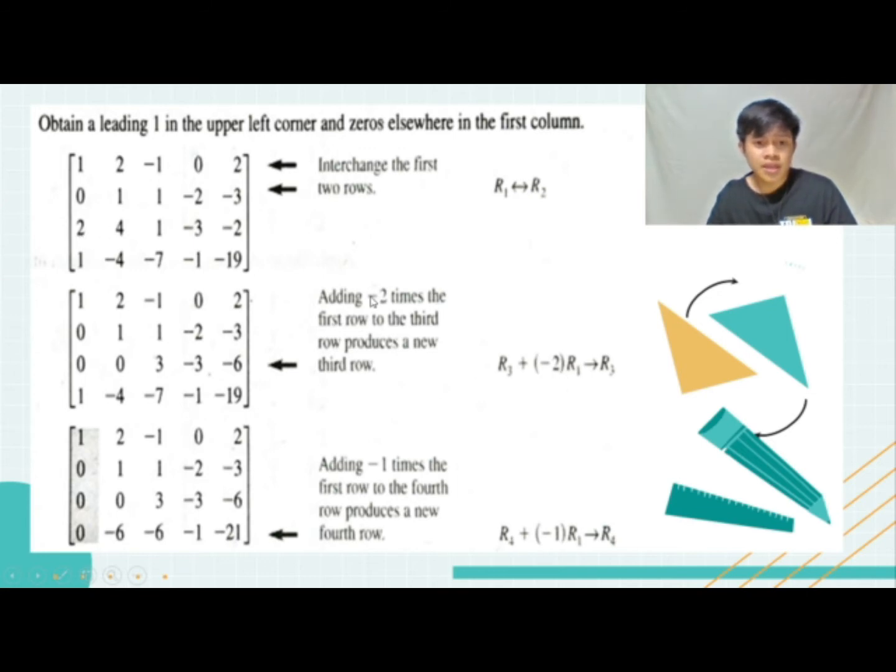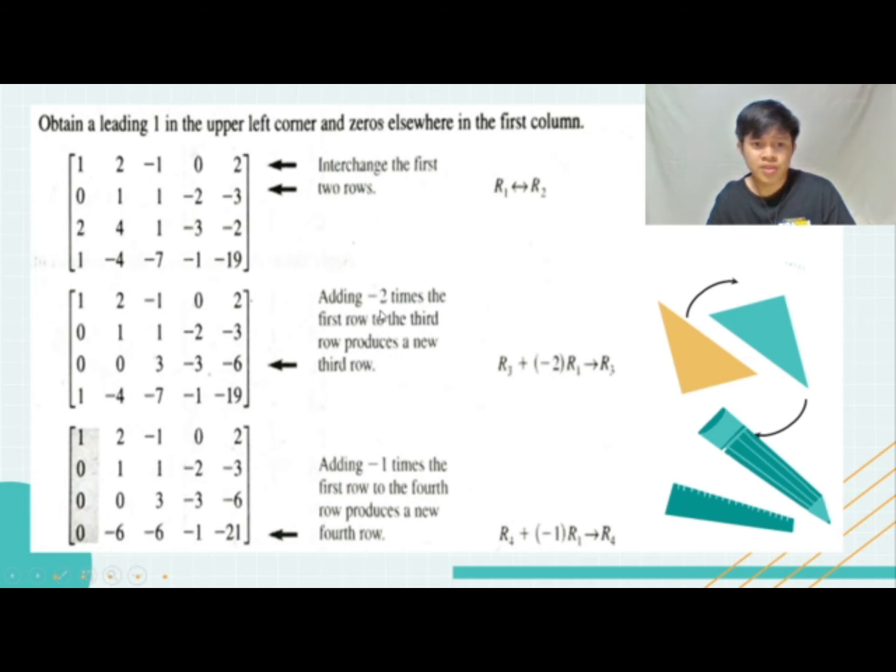So, since adding negative 2, ang gagawin po natin is dito po sa third row, ang sabi po dito ay adding negative 2 times the first row to the third row produce a new third row. So, dito, 2 minus 2 times 1. Okay? So, ito po ang ipa-follow natin.